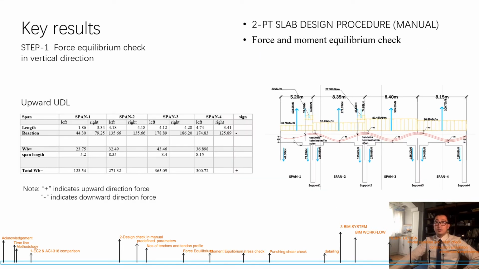From the previous step, the upward pre-stressing UDL can be replaced by one single point load in the middle span. Due to the point load in the middle span, the reaction force will be generated at the end of each span. The middle point load is going up, so the reaction force is going down.